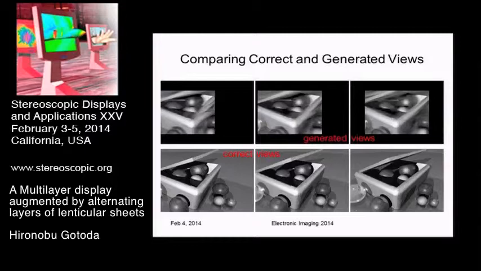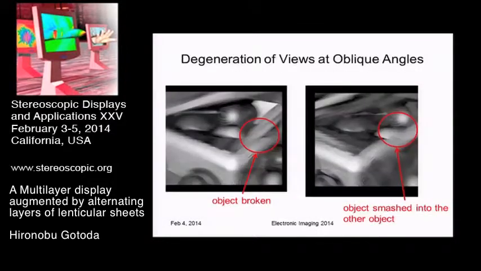But apart from that, these images are basically the same. If we take a closer look at the generated views, there are artifacts. For example, the object is broken into two pieces. And in the right image, you see that the object is smashing into another object, which does not take place in the real world.